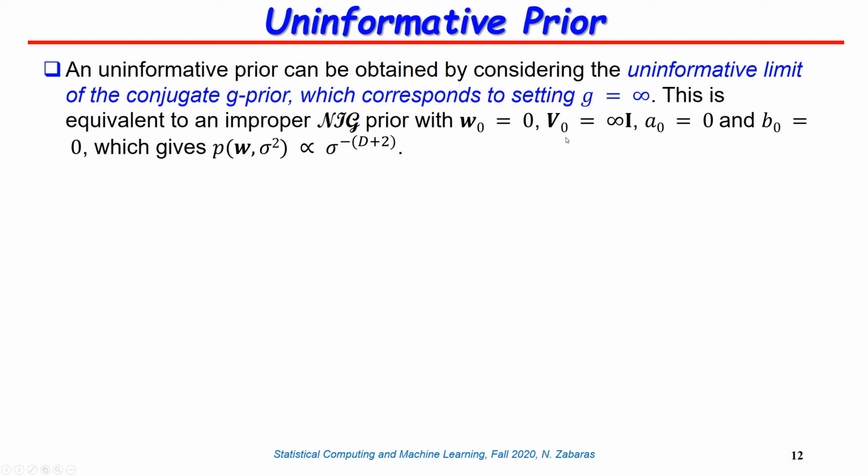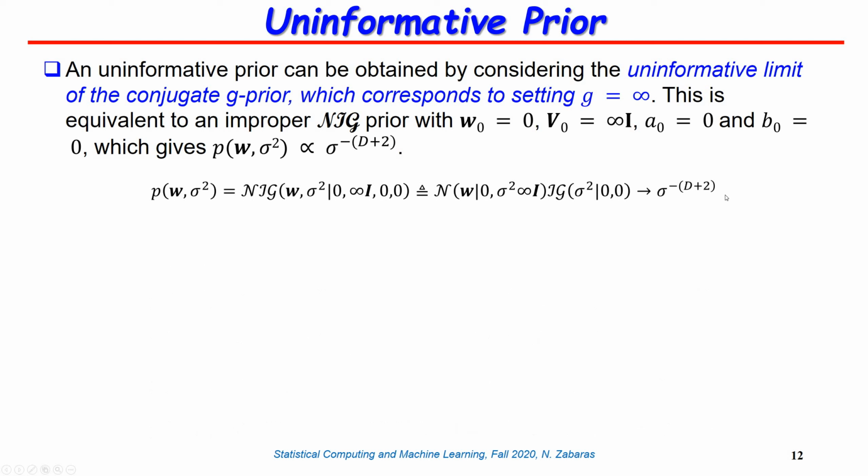Now I'm going to select V0 to be infinity times I. If you plug this into the conjugate prior that we had before, effectively this leads to a joint prior on W and sigma squared of the form 1 over sigma to a power d plus 2. So this is an uninformative limit of the conjugate prior that we have seen before.